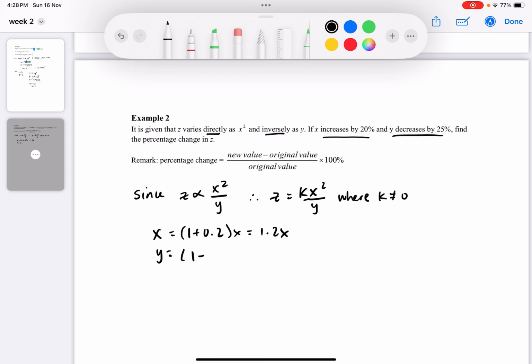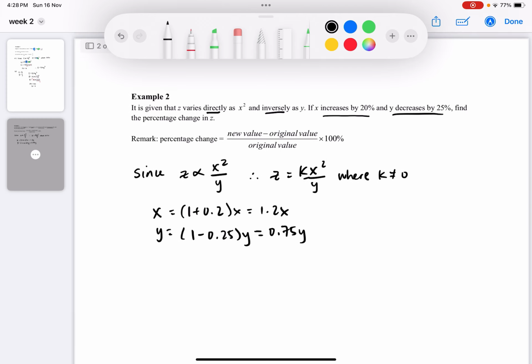So the whole minus 0.25, and that would be 0.75y. And now we're all set, and we can pop it into the equation. So find the percent change in z.